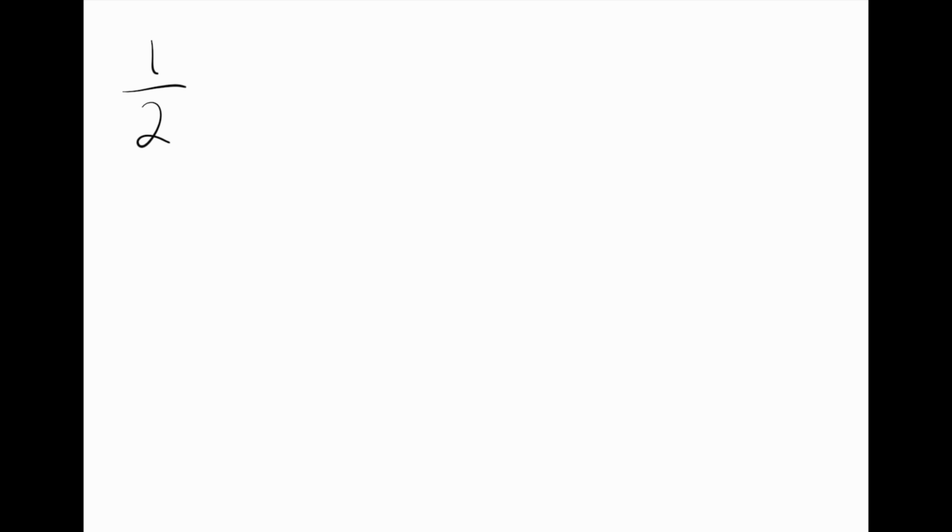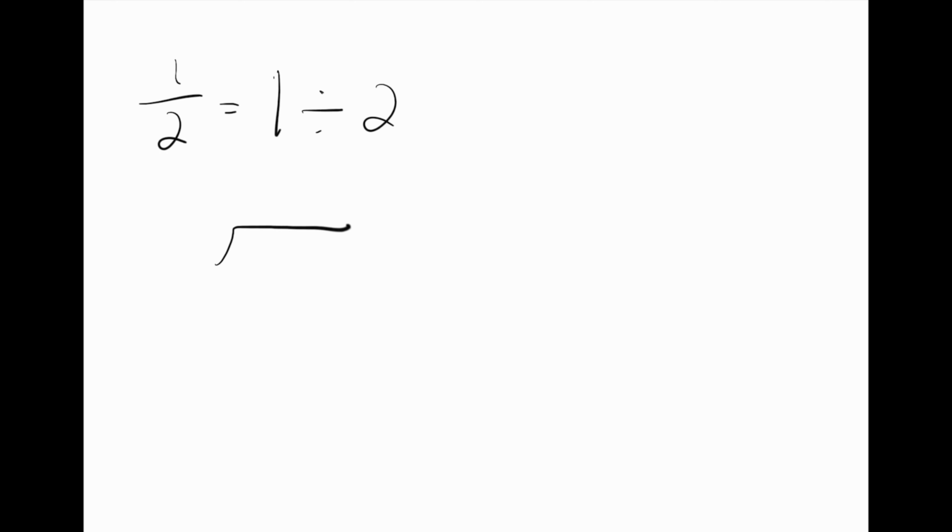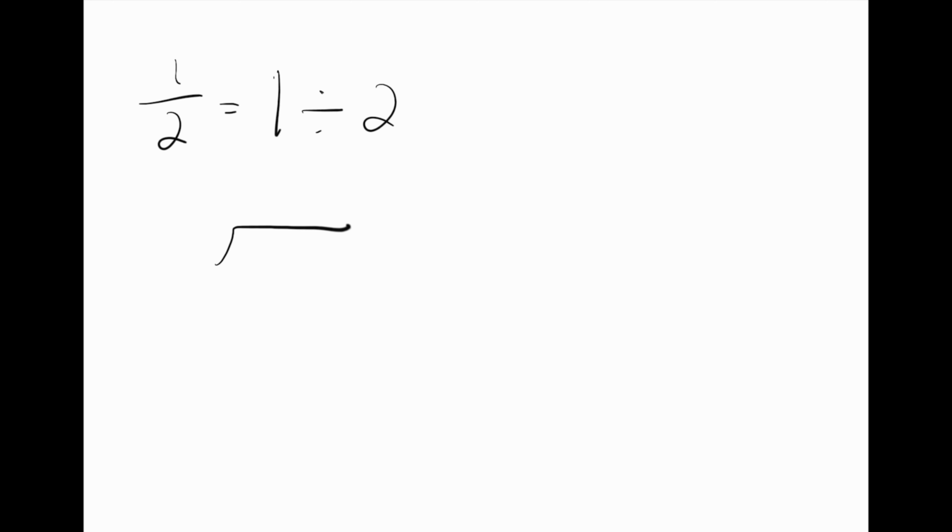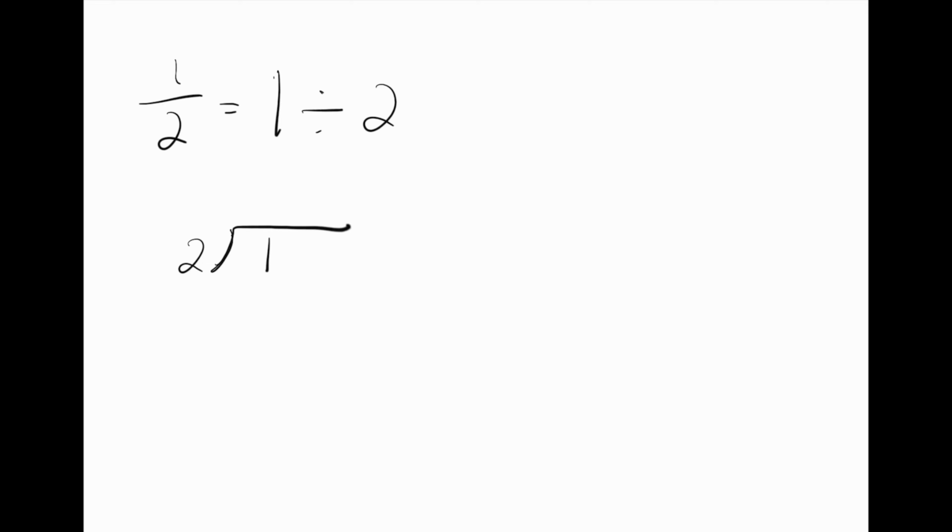We can say that 1/2 is equal to 1 divided by 2. We're going to create a long division symbol, just like we did back in 4th grade. We're used to having the larger number on the inside, but in this case the 1 is going to be on the inside because we always put the numerator inside and the denominator on the outside.